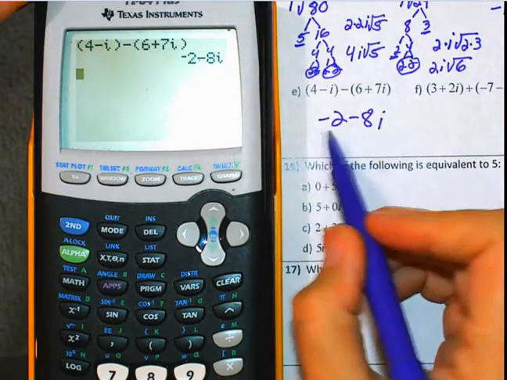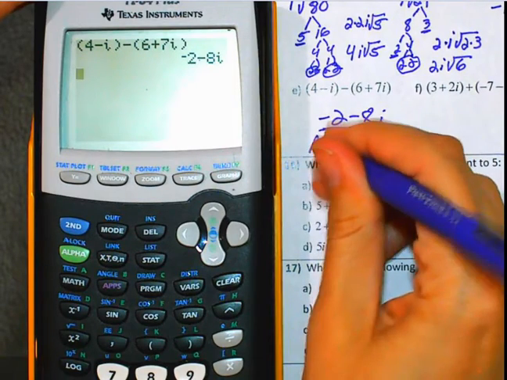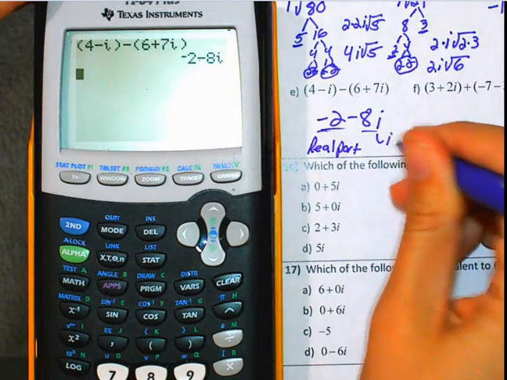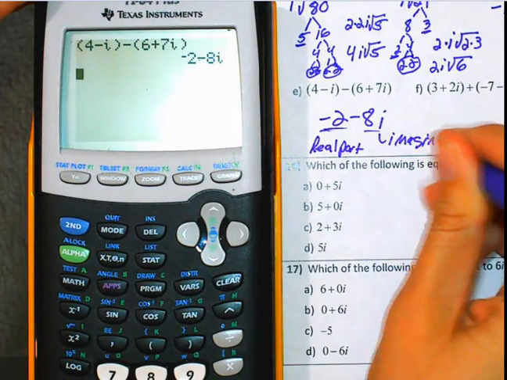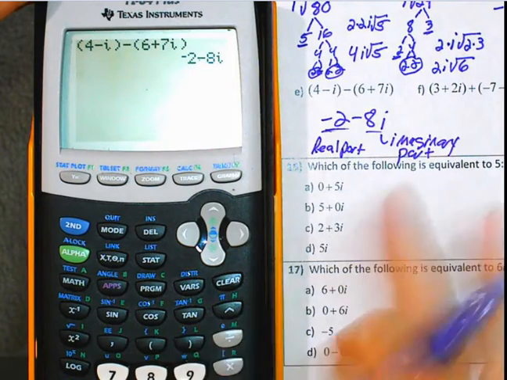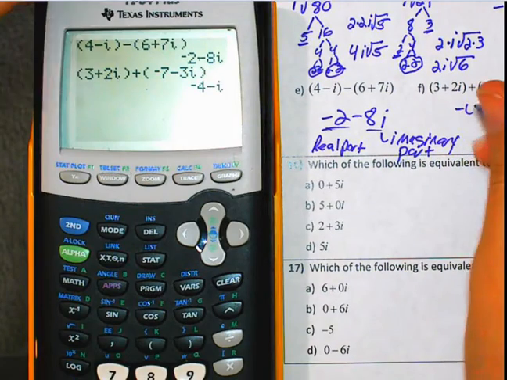This part's the real part, and then the part with the I is called the imaginary part. So this is the real part, and this is the imaginary part. And you always write them in that order. Okay, let's do the next one. Parentheses, 3 plus 2I, close parentheses, plus, parentheses, negative 7 minus 3I, close parentheses, enter. So negative 4 minus I.